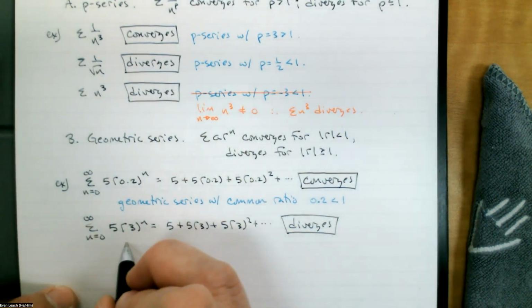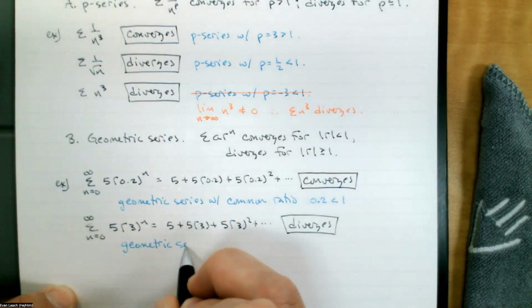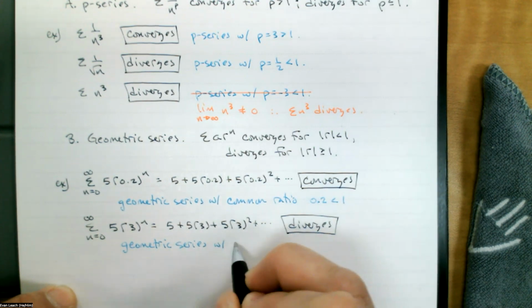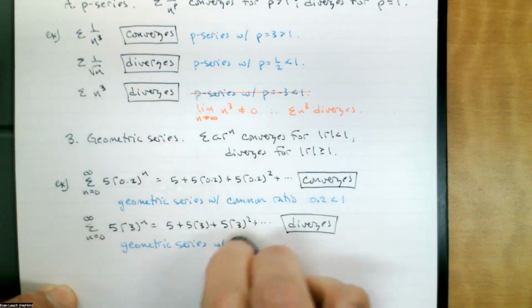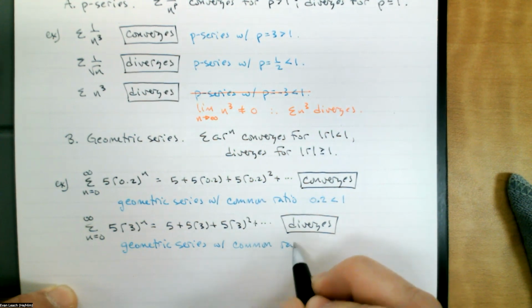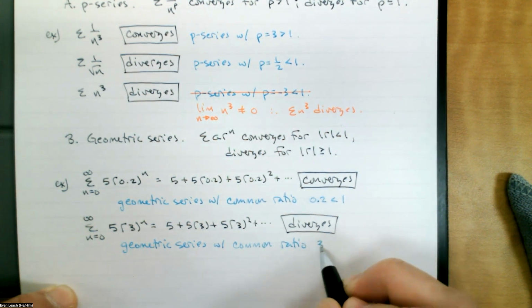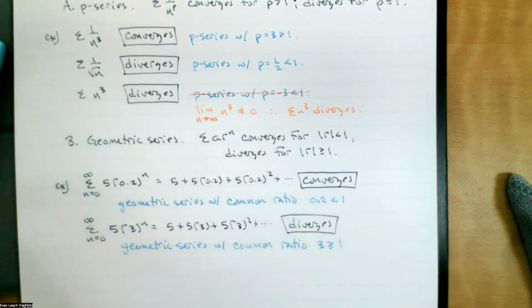But we could point out, because of the form, now, in this case, when we point out that this is a geometric series with a common ratio of 3, which is greater than 1, we did bring something new in this argument.